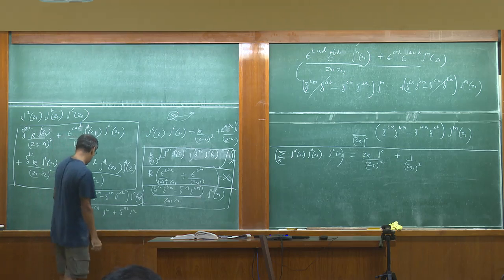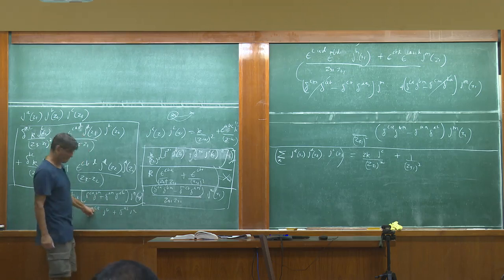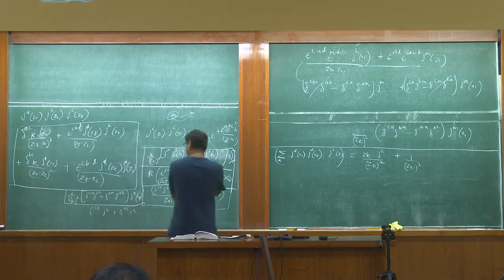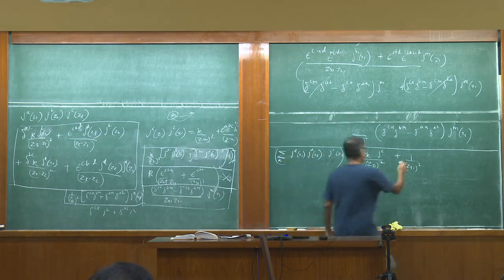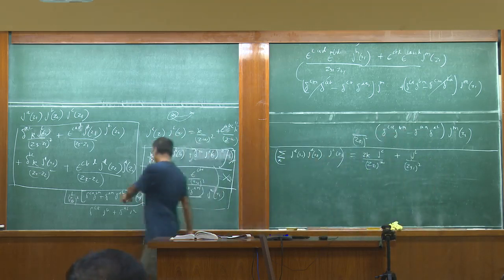Then we set A equals B and do the sum, so it's just JC. So we get JC of Z1.